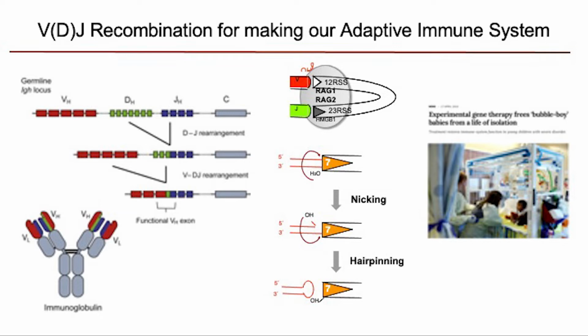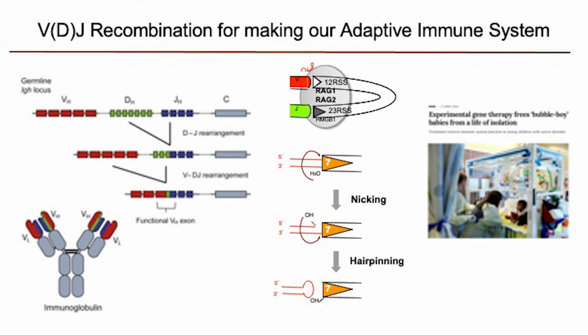It's carried out by a specific recombination enzyme called the recombinase, and it recognizes specific DNA sequences called 12 and 23 RSS. Those 12 and 23 RSS pair up at the borderline of the V, D, and J segments.